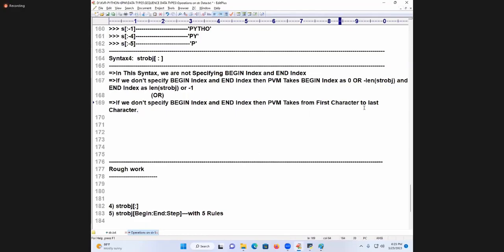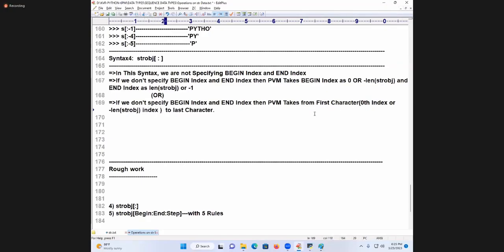First character means what? 0th index, right or no? 0th index, and the end is minus of len of strobj. Index, right or not?